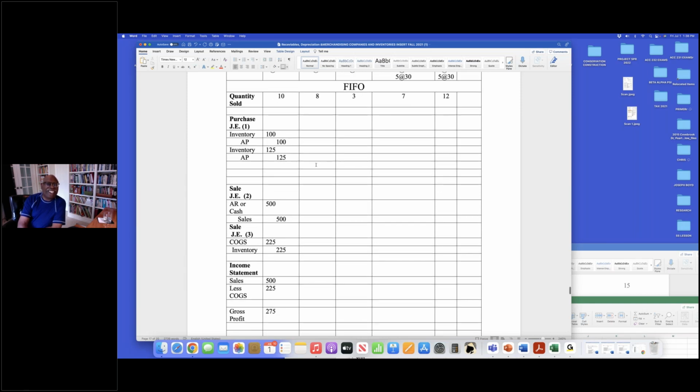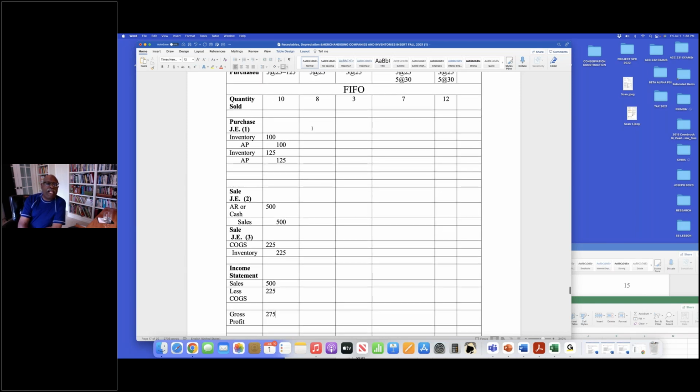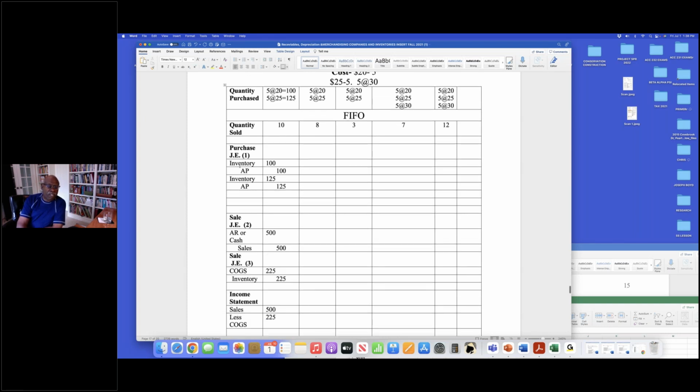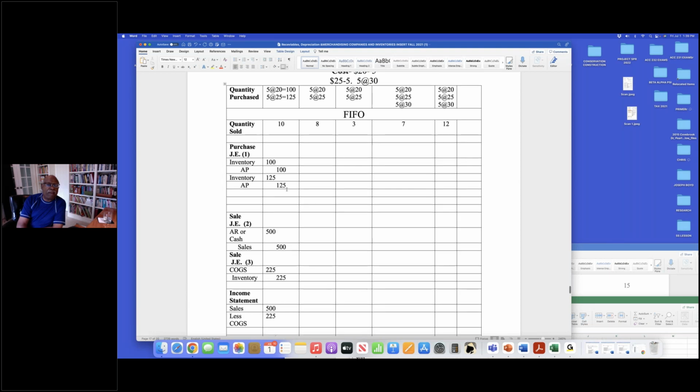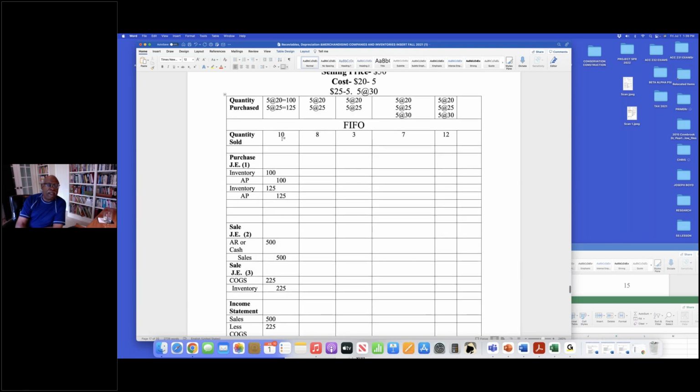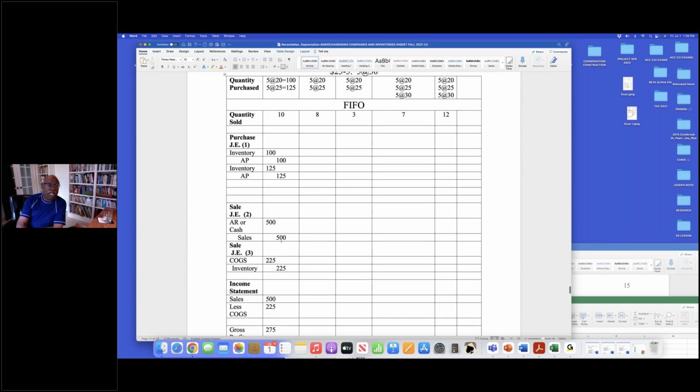All right. When we buy the 5 at 20 it is 100, then the 5 at 25 is 125. So we had to make two journal entries, one purchase for 100, another purchase for 125. So now when we sold the 10 at 500, cost of goods sold has to be the 100 and the 125.